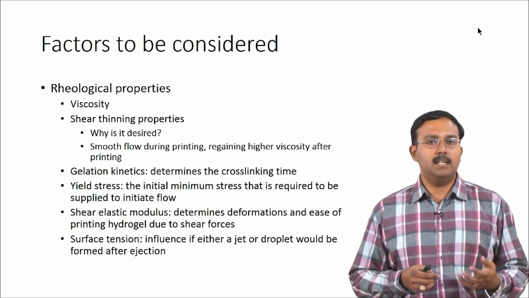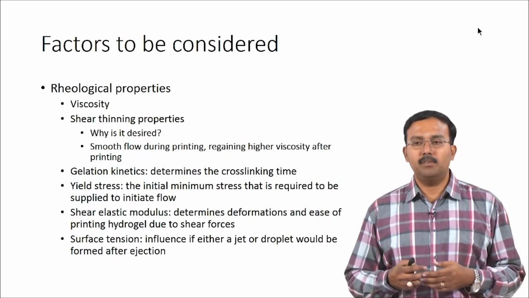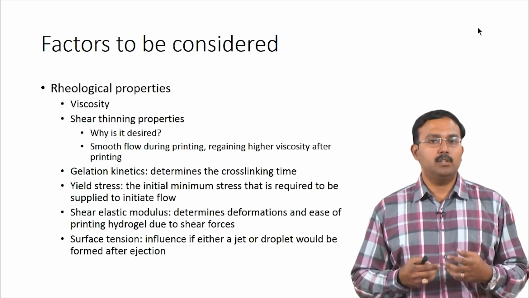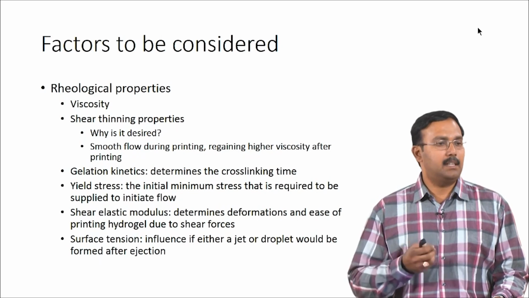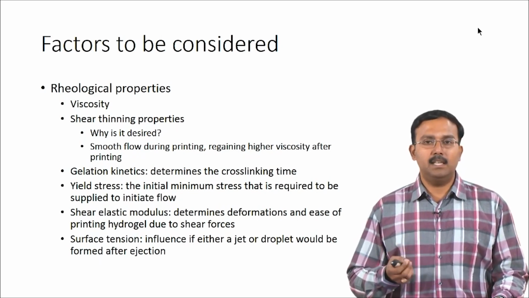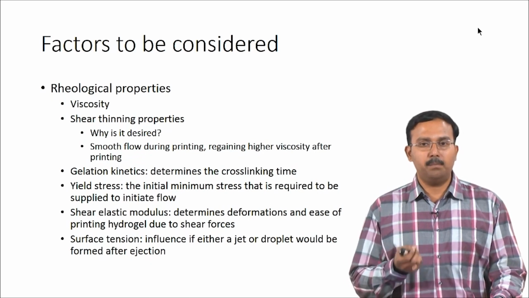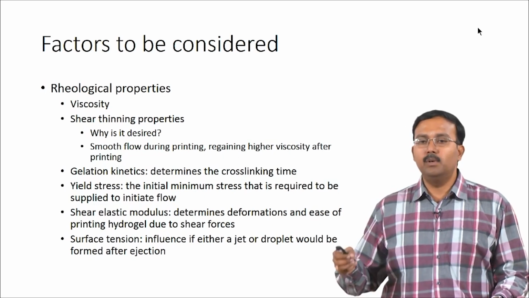Shear elastic modulus determines the deformation and ease of printing of the hydrogel due to the shear forces. You also need to look at surface tension, because this influences whether a drop or a jet would be formed after ejection. Depending on the surface tension, you would either have a small drop or just a jet of fluid coming out.